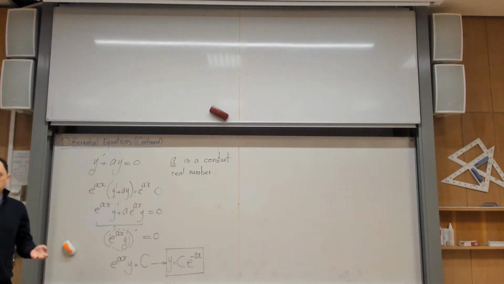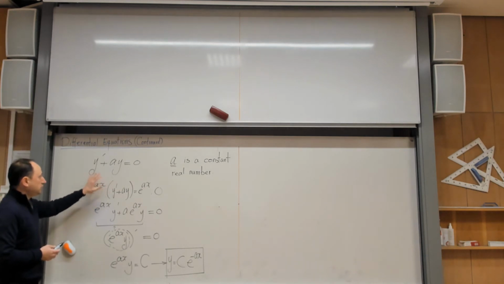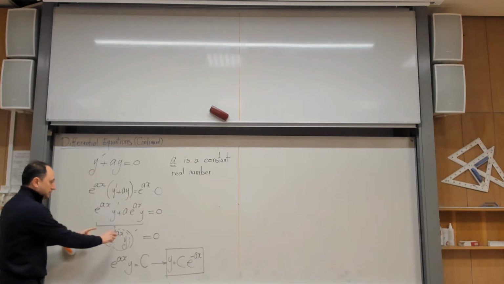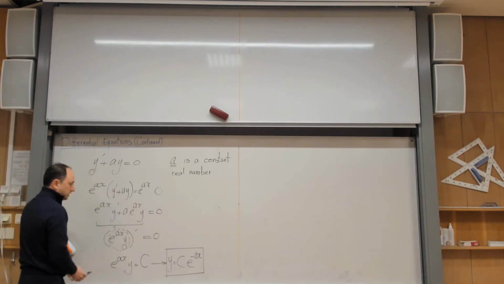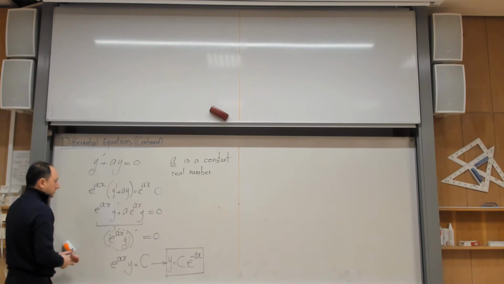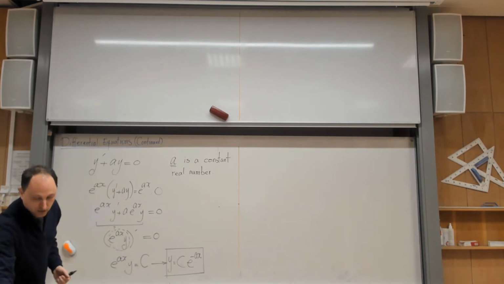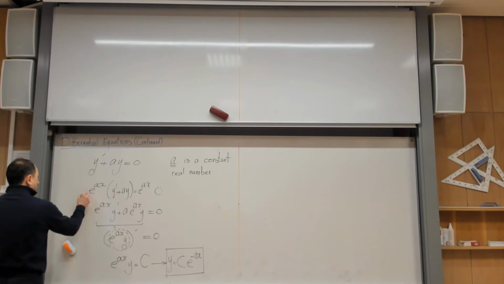Exactly 1. So that is called the general solution of that differential equation. And this expression that I multiplied here to make it the complete derivative of one single function is called an integrating factor for this equation.